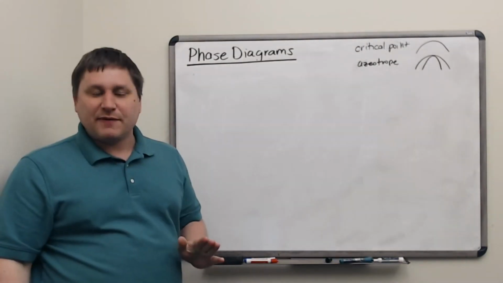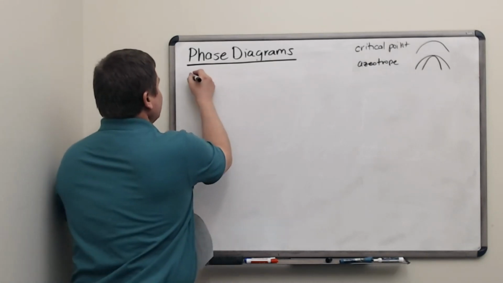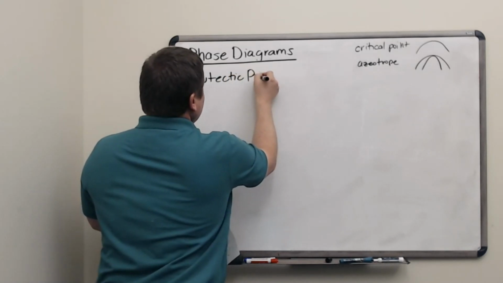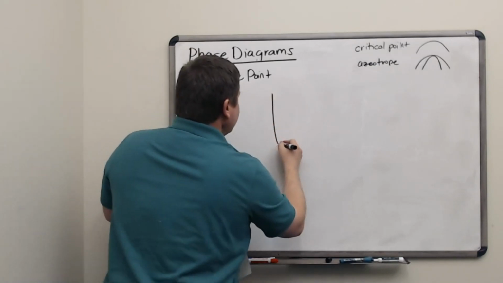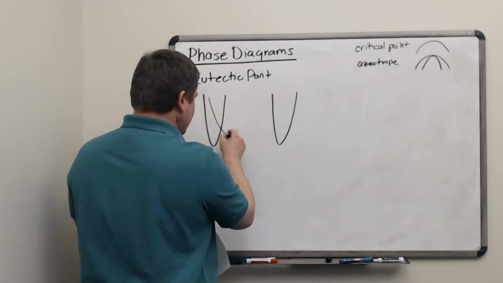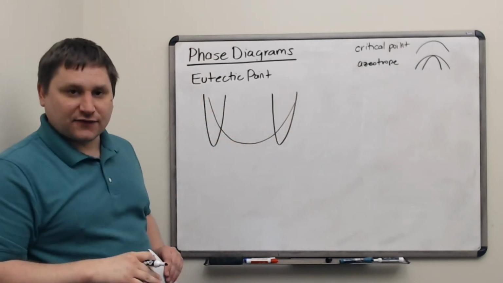The third type of behavior we might see on a phase diagram is called a eutectic point. To get a eutectic point, you really need to have three different possible phases for the system.